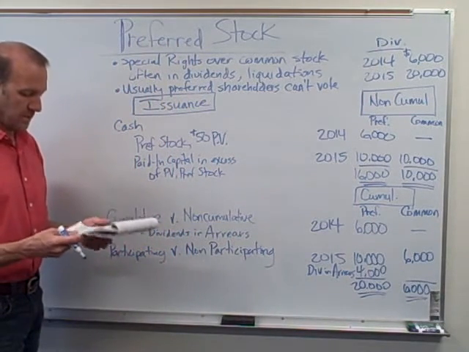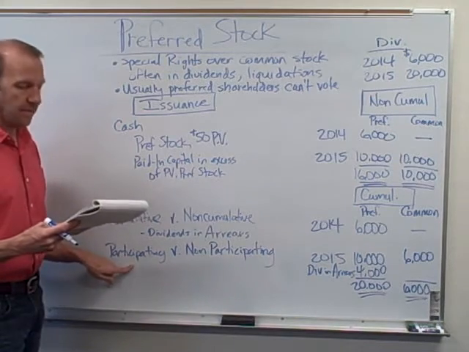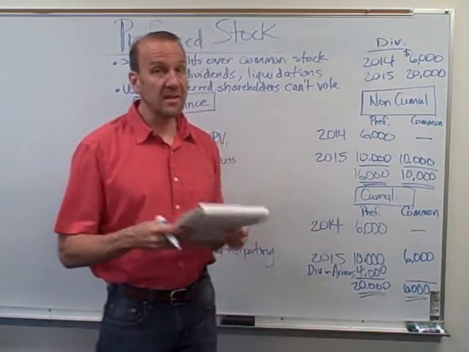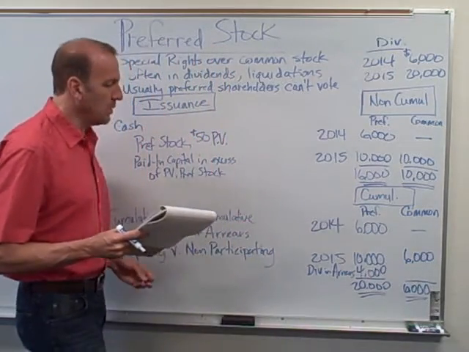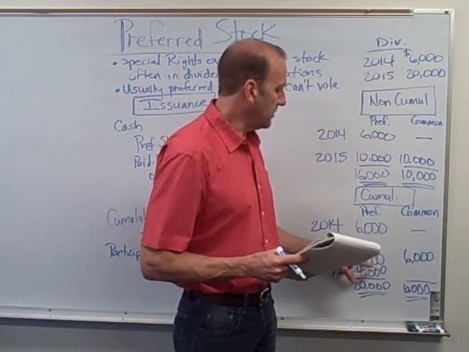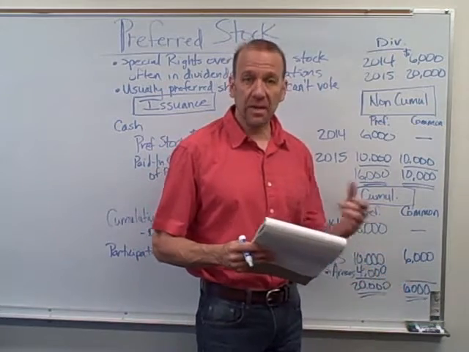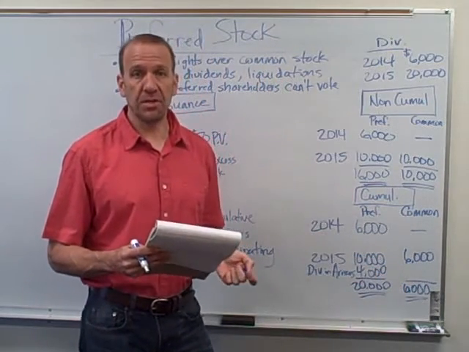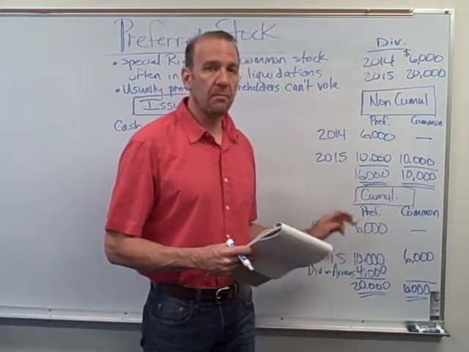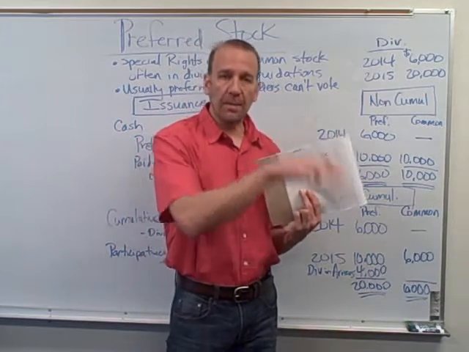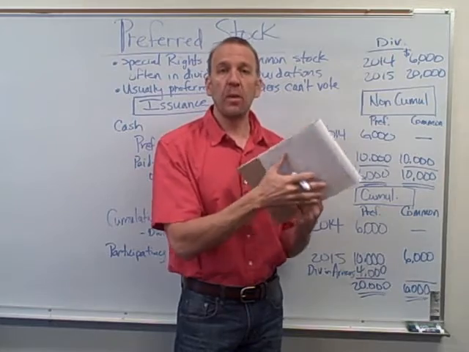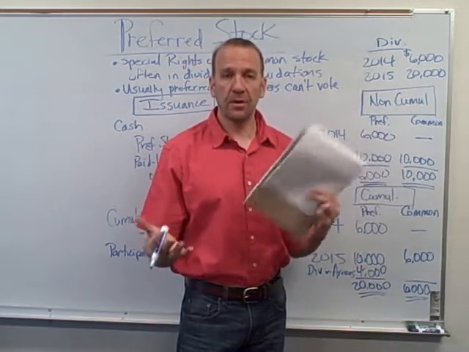Participating versus non-participating. I'm just giving you these terms really quickly. It's not very common to have participating preferred stock. Participating would be that once the preferred shareholders get all their dividends, and the common shareholders have received their same percentage as the preferred, then the rest of the dividend gets shared between the preferred and common shareholders.